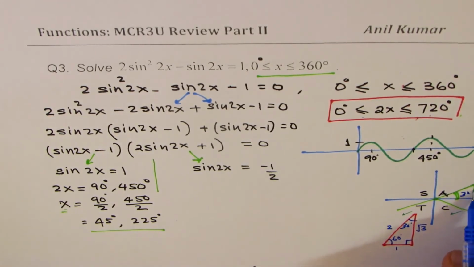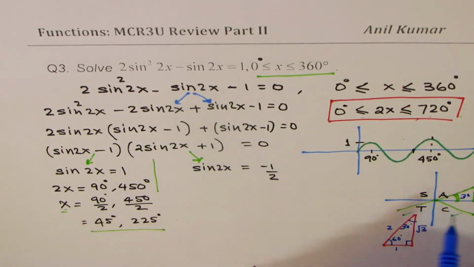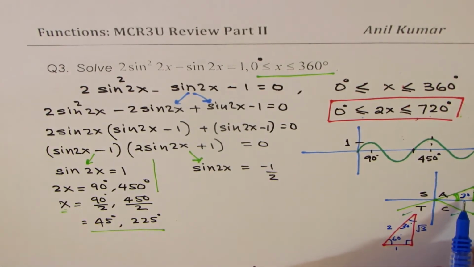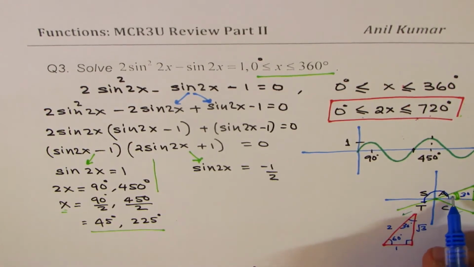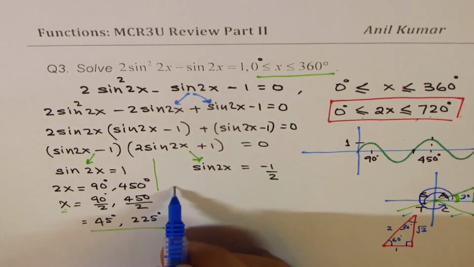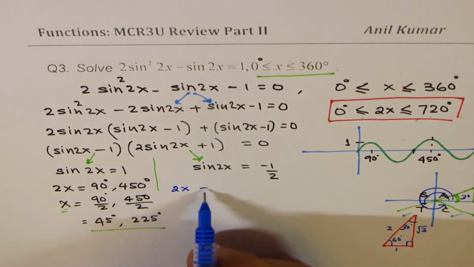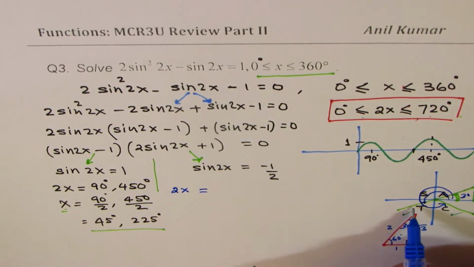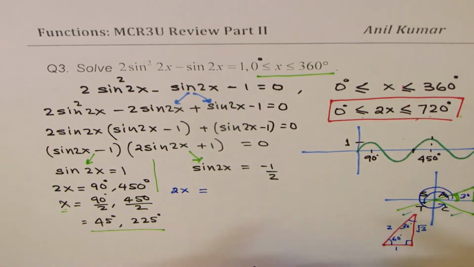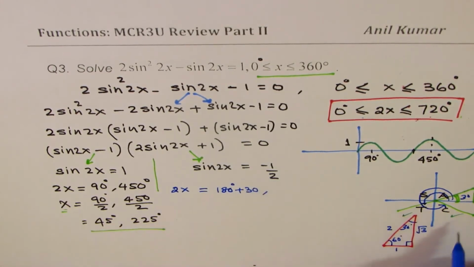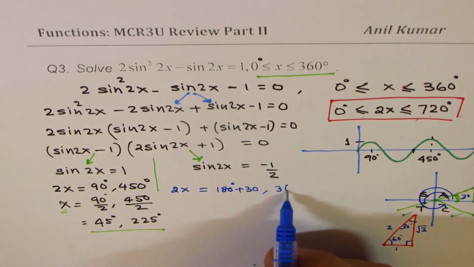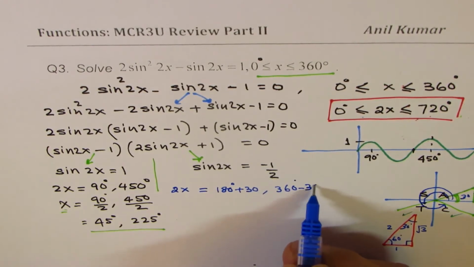So this alpha, the acute angle, is 30 degrees, okay? So for negative half, we have two situations, correct? So 2x could be equal to 180 degrees plus 30 degrees. The other one is 360 degrees minus 30 degrees.